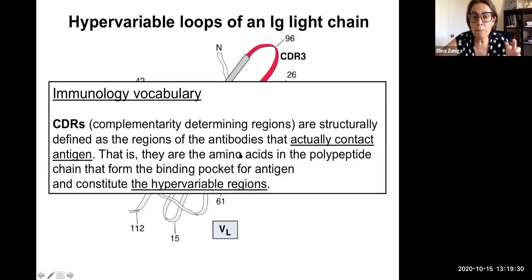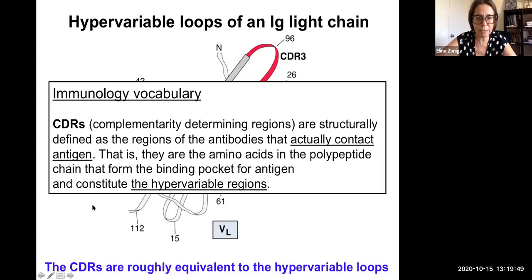That is, they are amino acids in the polypeptide chains that form the binding pocket for antigen and constitute these complementary determining regions that are basically the same as the hypervariable regions.